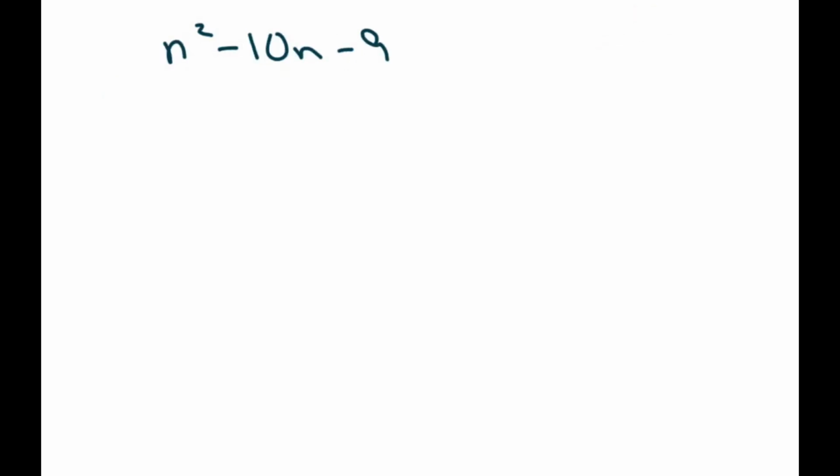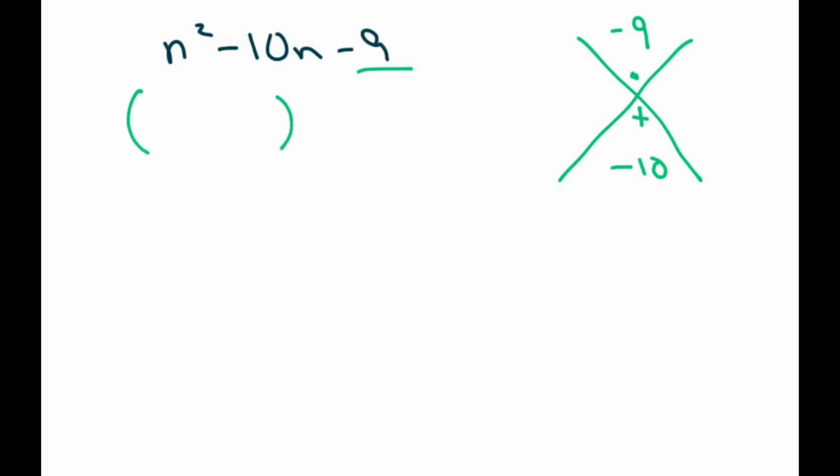Okay, the next one is this one. I'm going to do the same thing. The last term we put up here, or you could actually flip it. Two numbers that multiply to give you 9, but when you combine them, and I'll just say add them, you get -10. So we want something like this with the n in. When I multiply two numbers, one's going to have to be positive and one's going to have to be negative.